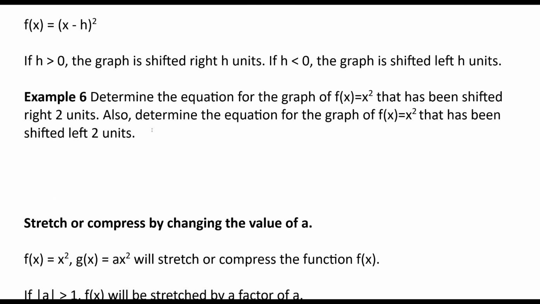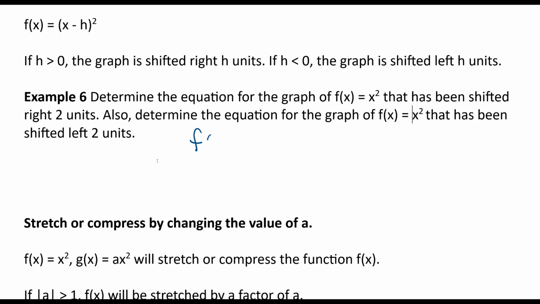So example 6 says, determine the equation for the graph of f of x equals x squared that has been shifted right 2 units, and then determine the equation for shifted left 2 units.